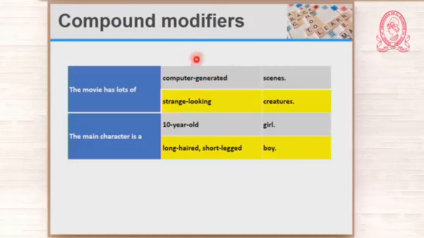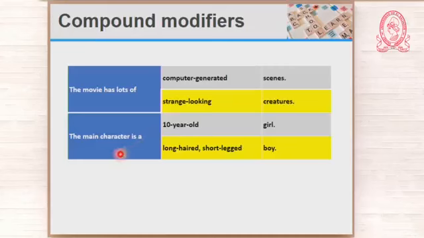What do you have in between? A hyphen. Okay? Let us look at the other sentence. The main character is a 10-year-old girl. Okay? This is the compound modifier, and between the number and words you have hyphen, hyphen.